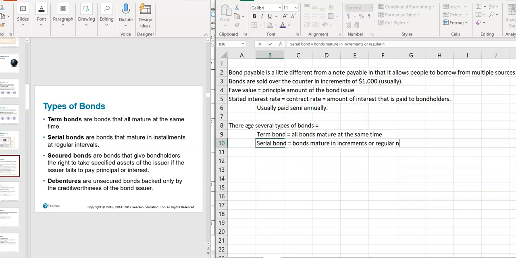And that one sometimes the company selling the bonds likes that because they don't have to have all the money at one time to pay the bonds back. A secured bond is backed up by assets.